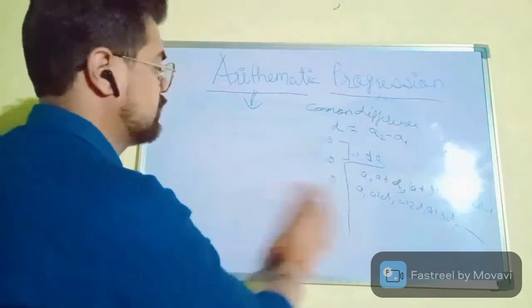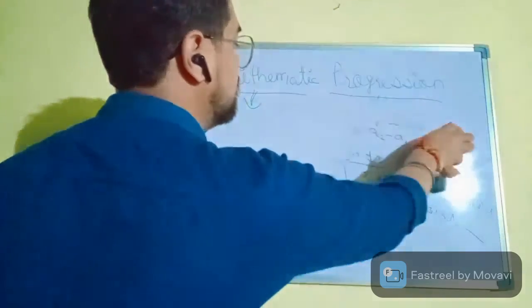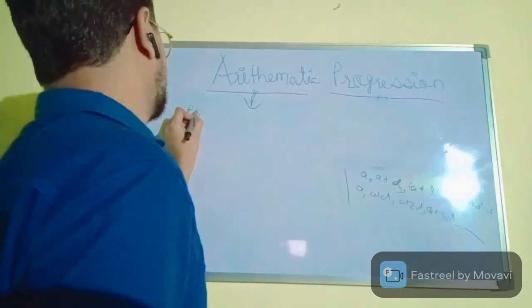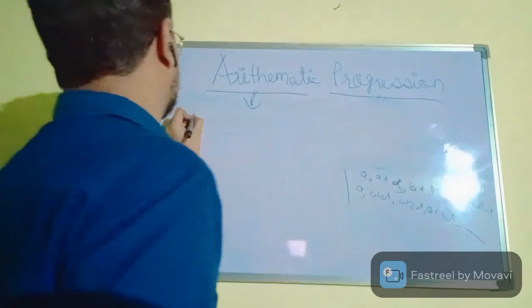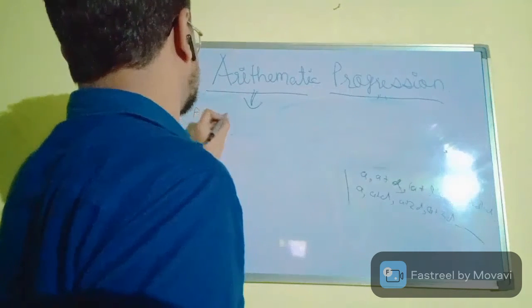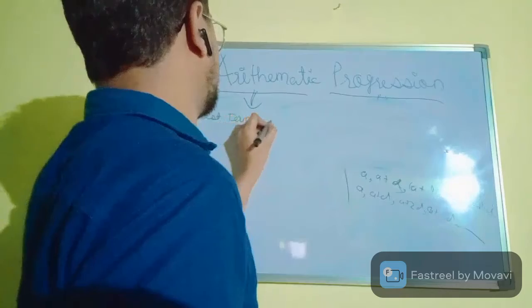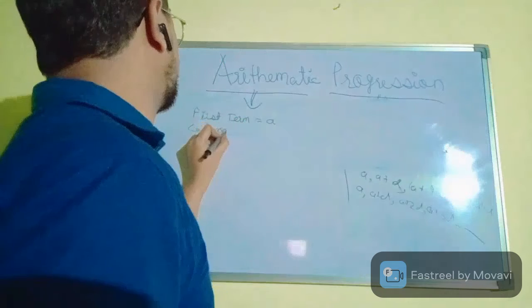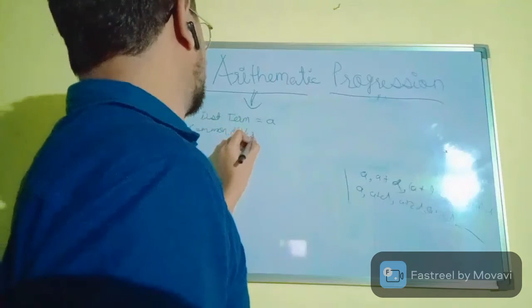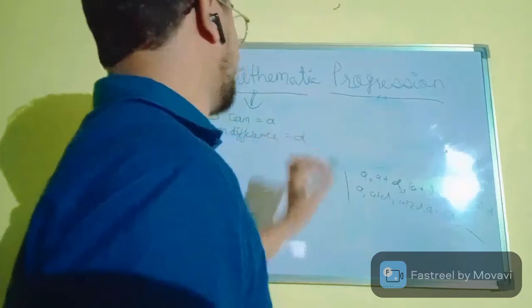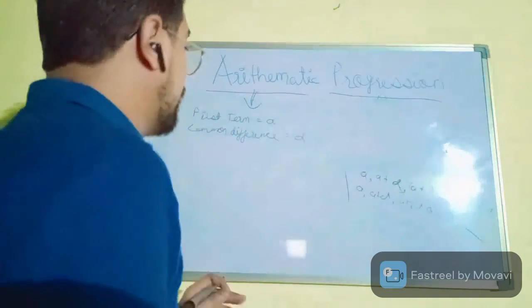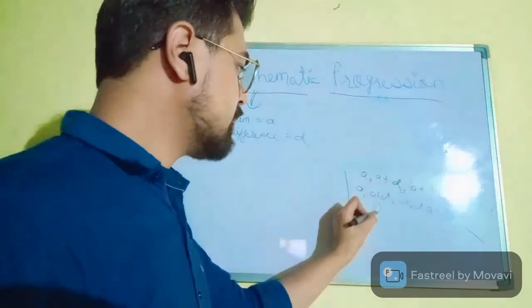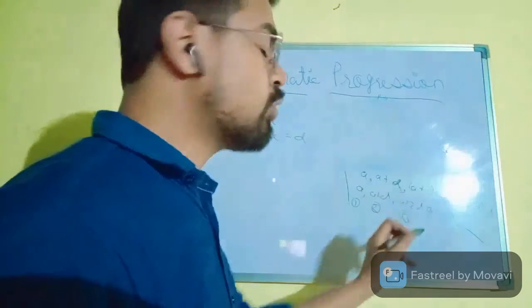Now coming to the general term. We know about the first term right now. First term is denoted by A. Common difference is denoted by D. As you can see here, the first term is A, second term is A plus D, third term is A plus 2D.